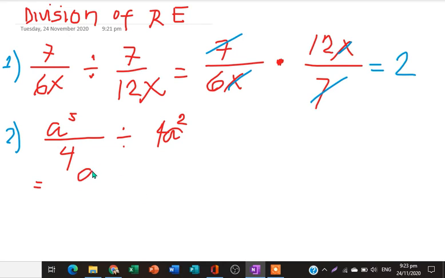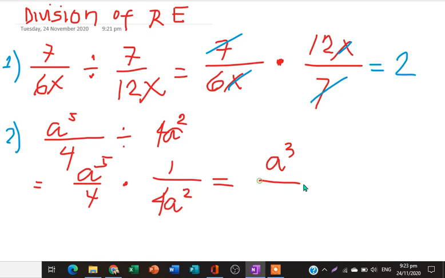So we have a to the 5th over 4 times the reciprocal of 4a squared over 1, which is 1 over 4a squared. Okay? So since we have here a, 5 minus 2 is equal to 3, so it's positive. Then 4 times 4 is 16. So the answer is a cubed over 16.